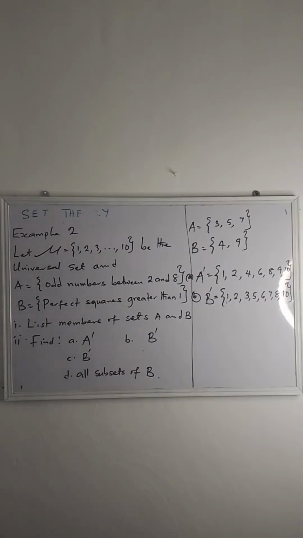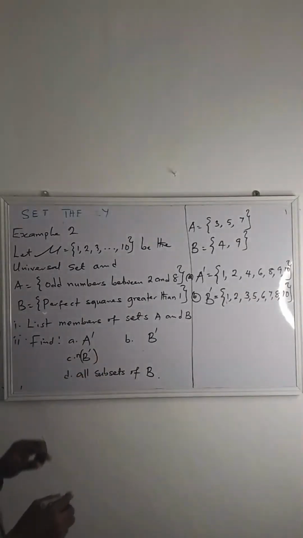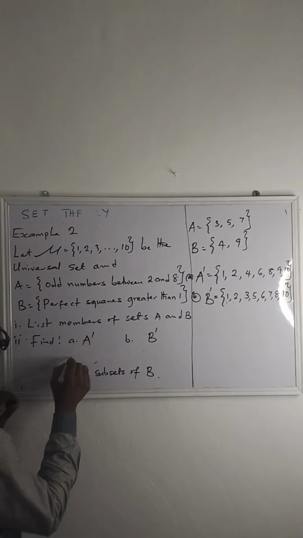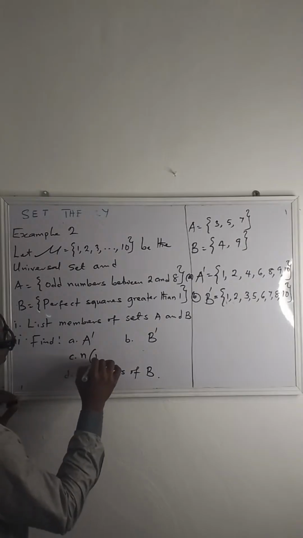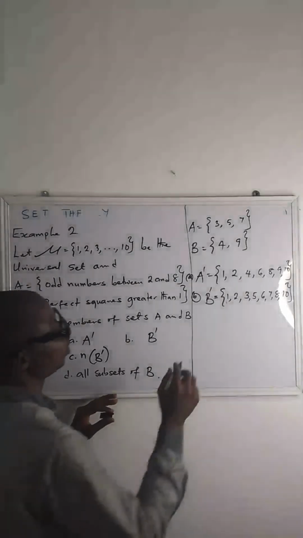Now the next one we have there. This is not supposed to be B complement again because we have done that. What we have here is the number of elements in B complement.